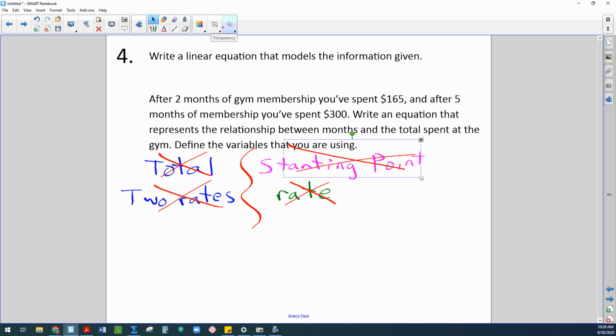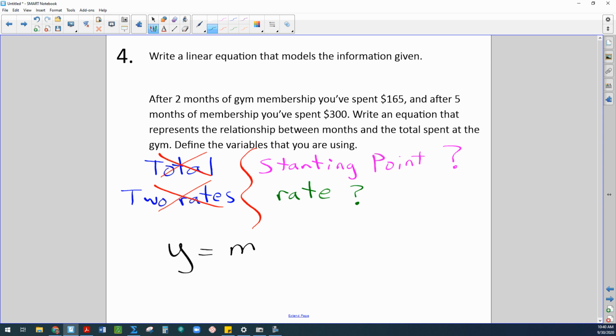Okay, I think that second option makes more sense. So even though I don't have a starting point or a rate, I want to find them. If I'm going to be finding a starting point and a rate, I'm going to be using the equation y equals mx plus b. Because again, my starting point is the b value, and my rate is the m.